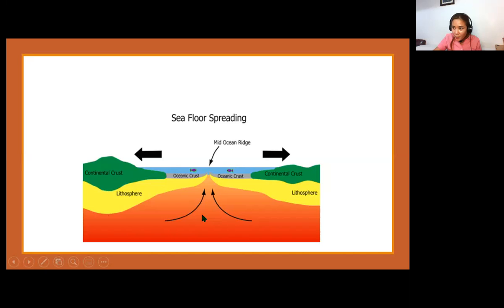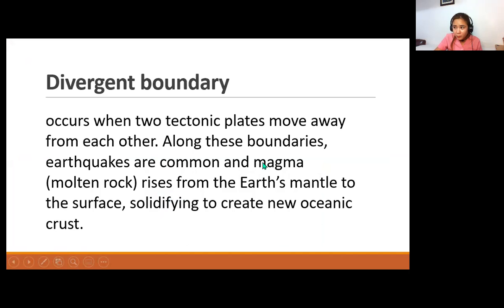So yung arrow up natin, nagkakaroon ng bagong seafloor dito. Sabi dyan, di ba? Magma or molten rock rises from Earth's mantle to the surface, solidifying to create new oceanic crust.